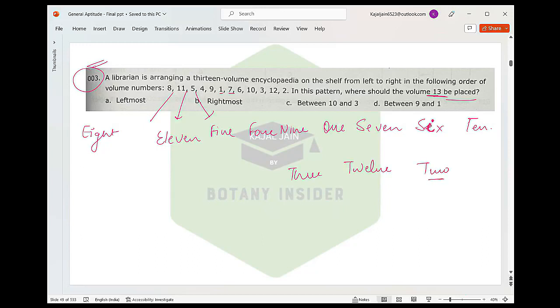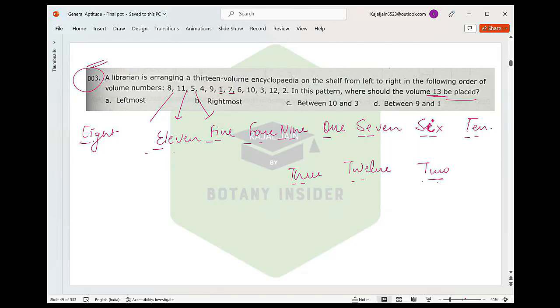Now, if you observe carefully, they are in alphabetical order. Observe very carefully: E, then E. Now E I, then E L. Then F I, F O, N I, then O, then S E, S I, T E, T H, T W. If you look into it carefully, you'll see it is in alphabetical order.